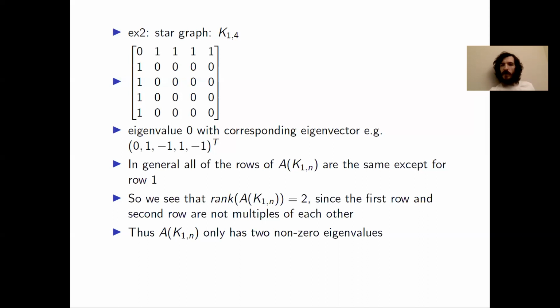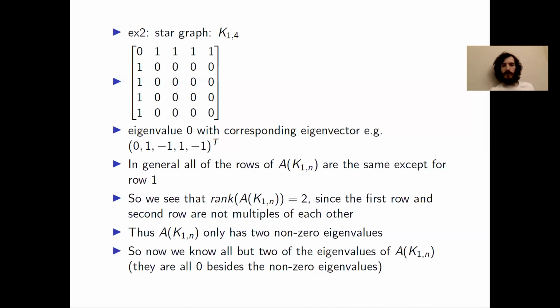So we need to find those 2 non-zero eigenvalues. We can use another fact from linear algebra, which will give us some more information about those eigenvalues. So this is related to the trace.